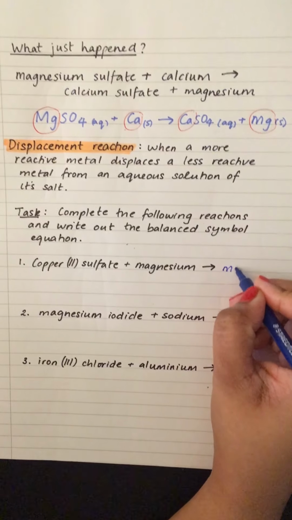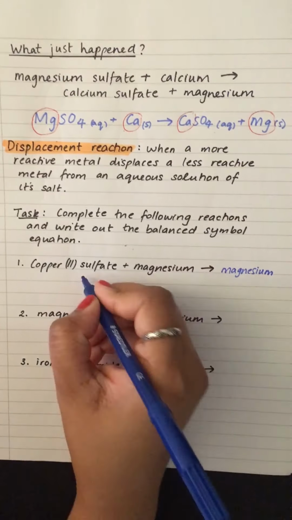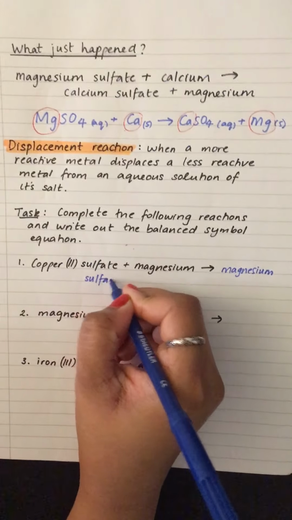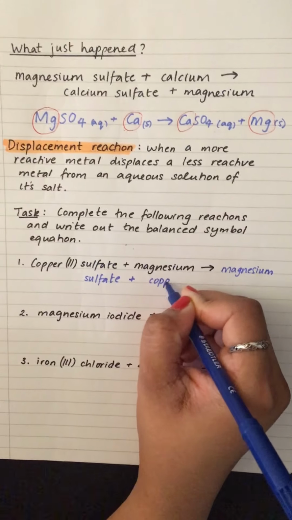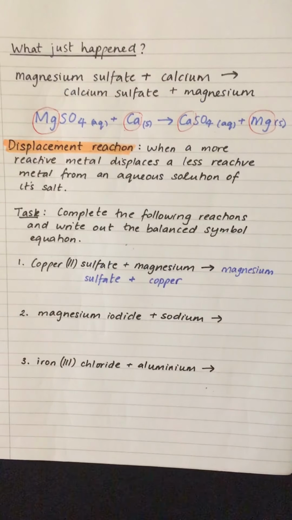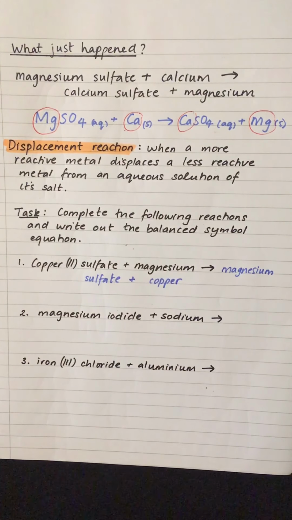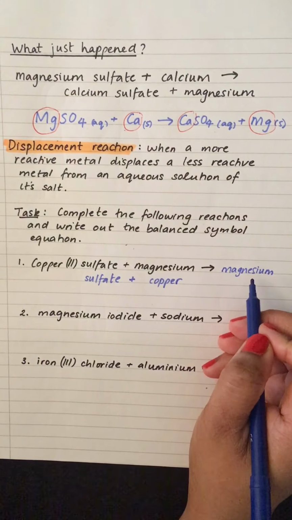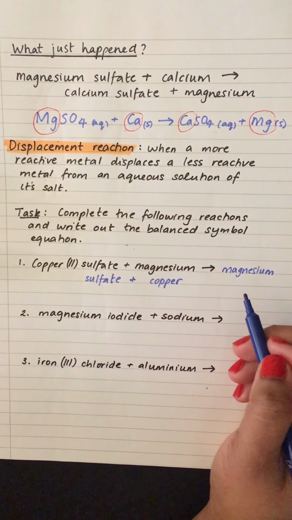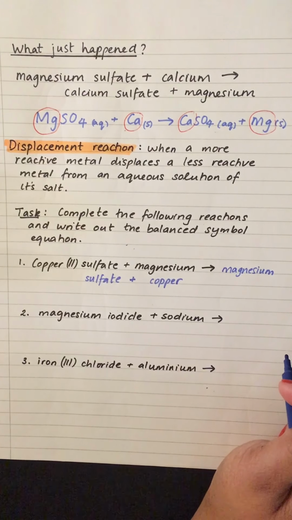So magnesium sulfate plus copper, okay? And we know that this has happened because magnesium is more reactive than copper. Let's do the word equations first and then we'll get on to the symbol equations.